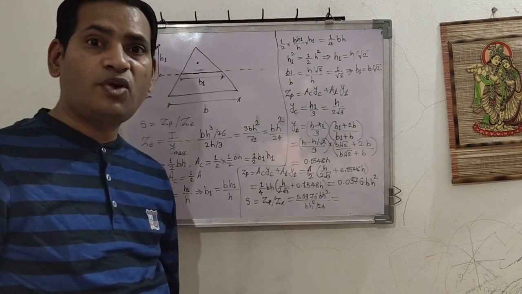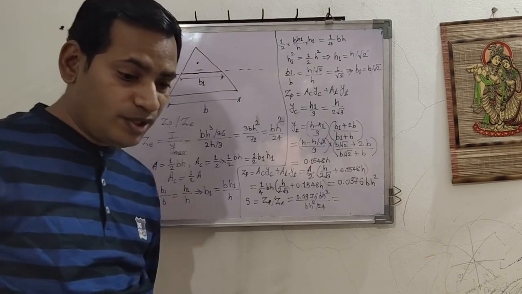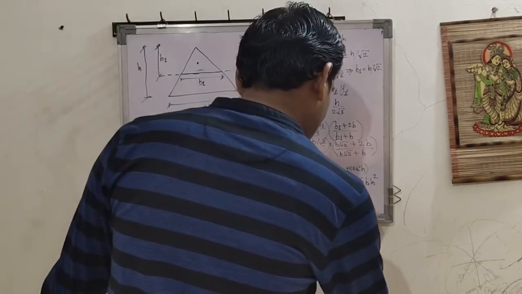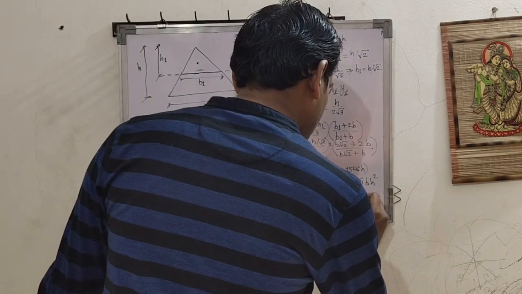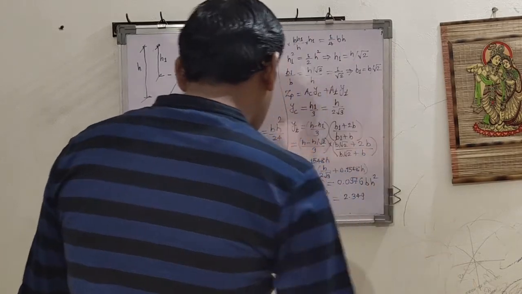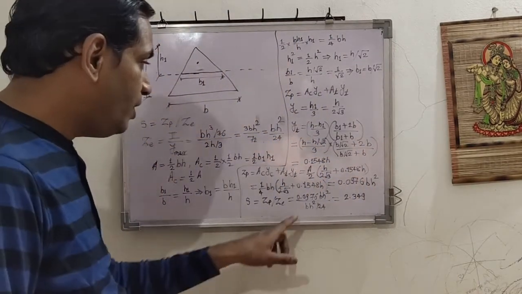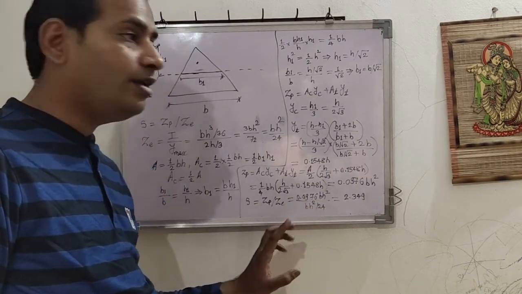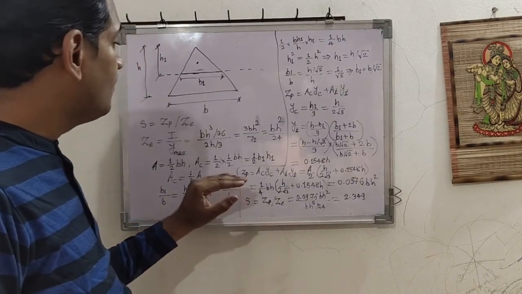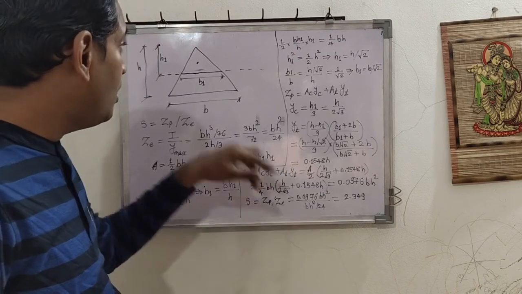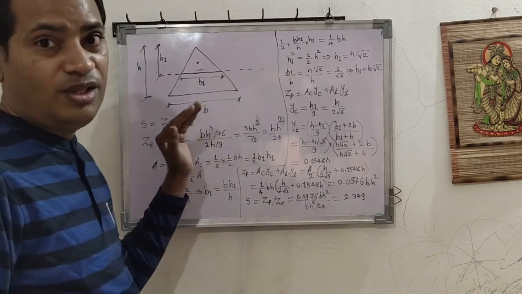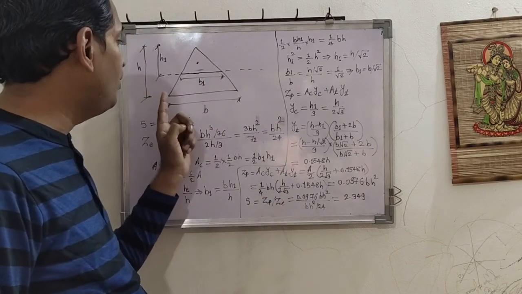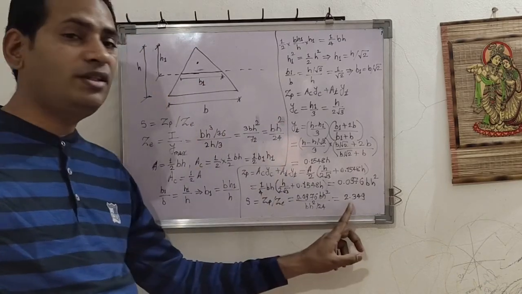See how much is this product? This product comes out to be 2.349. bh square is common, so this gets cancelled from the numerator and denominator. So we have seen how shape factor for an unsymmetric cross section is to be calculated. So for a triangular cross section, shape factor is 2.345.